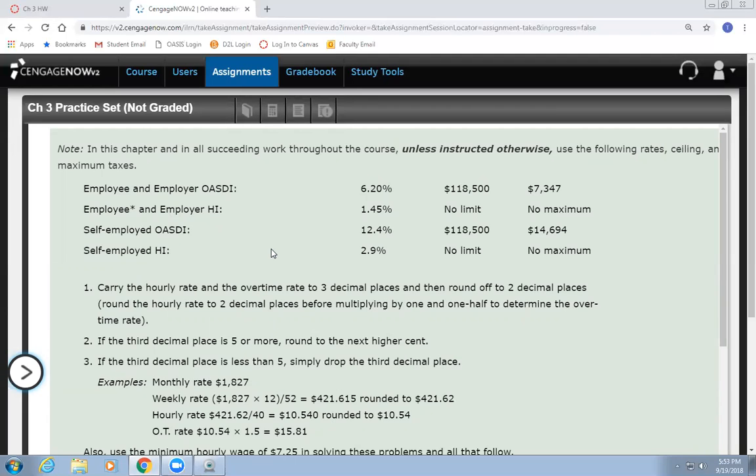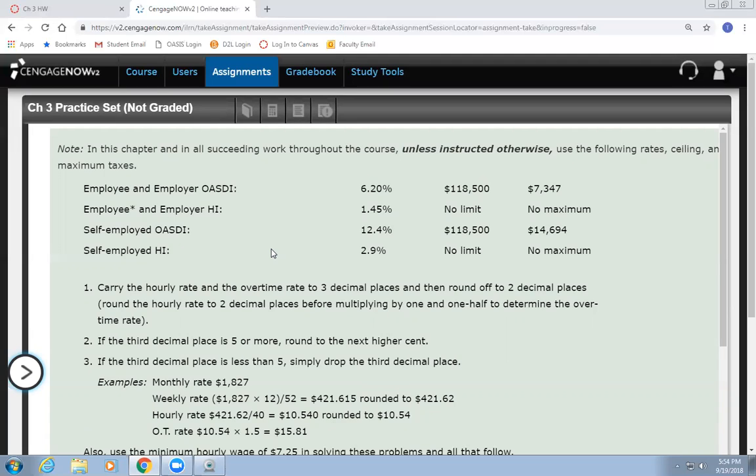And then for the HI, that's your Medicare tax, and that's 1.45%. There's no limit. Employees will be taxed on their entire earnings, and there's no maximum, okay? Because the maximum tax for Social Security is 6.2% of $118,500, okay?